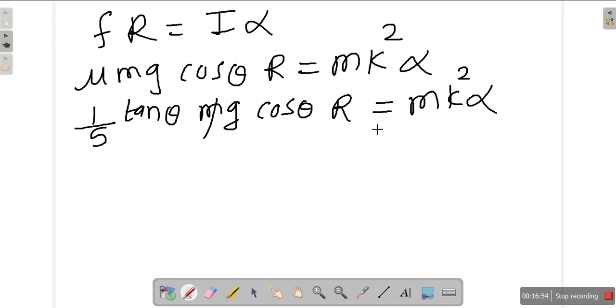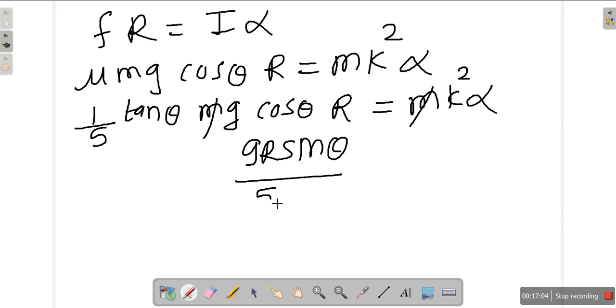Let us cancel mass. Tan into cos gives you sin, so this is g r sin theta upon k square. You see here, g r tan into cos is sin upon, and this k square comes down, so g into r into sin theta upon k square. This is the value of alpha.